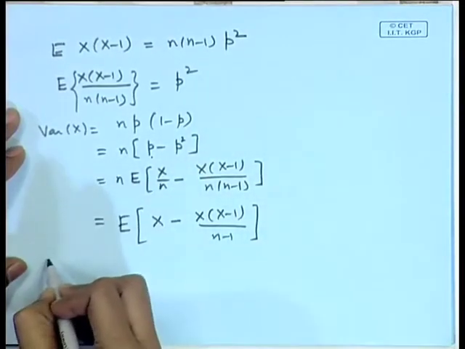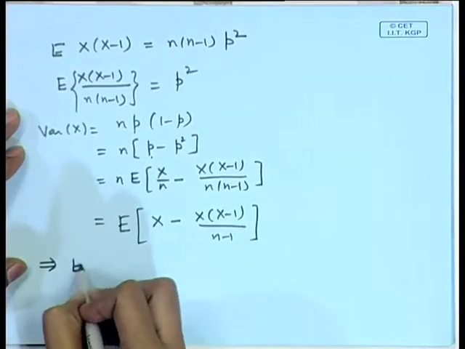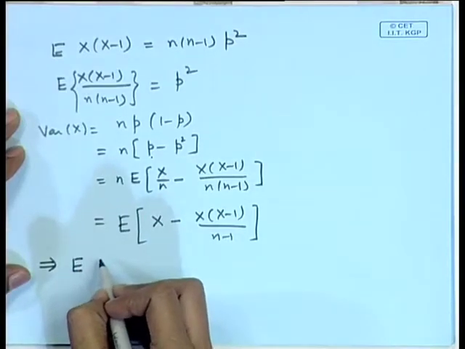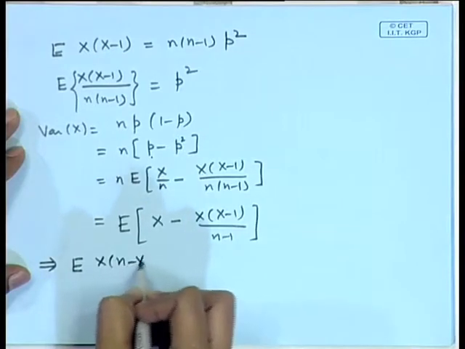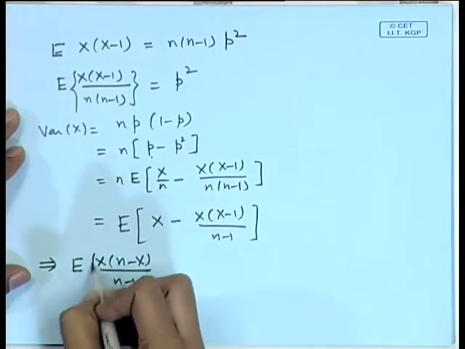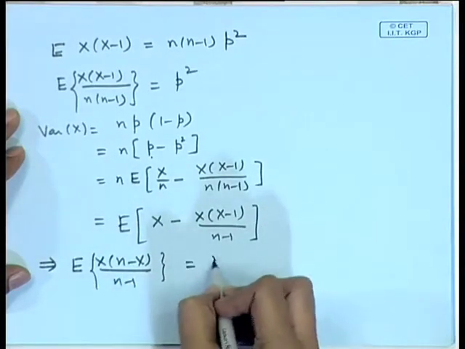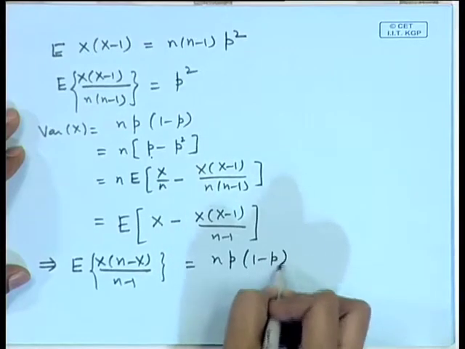So, this implies expectation of x into n minus x by n minus 1 is equal to n p into 1 minus p.